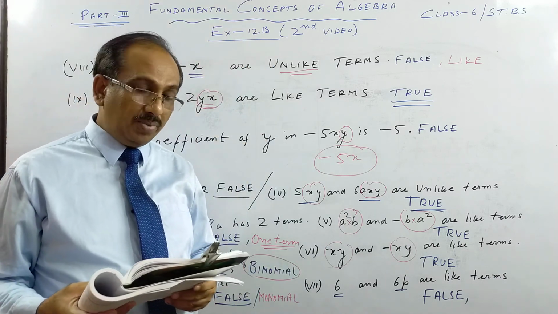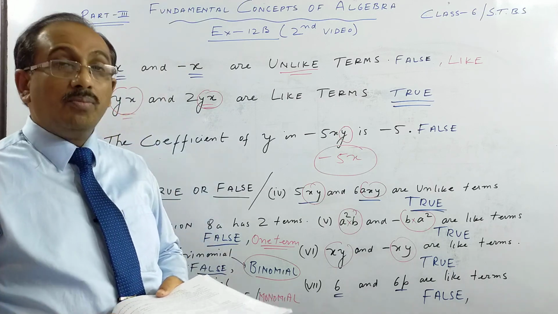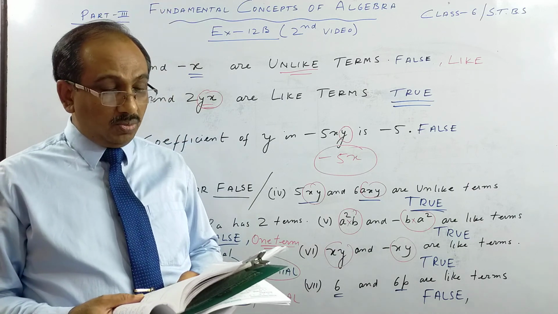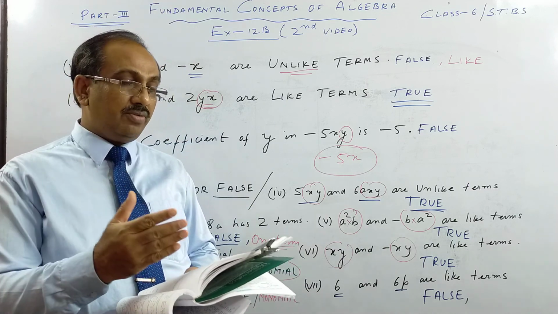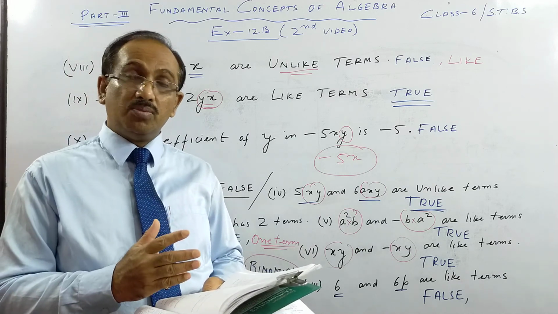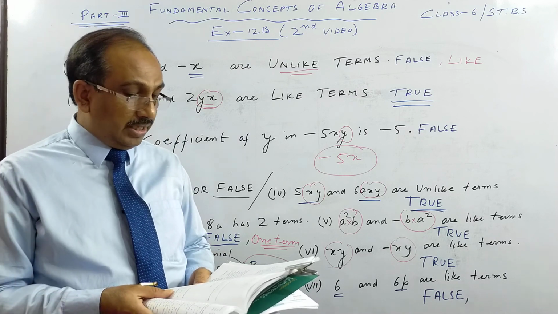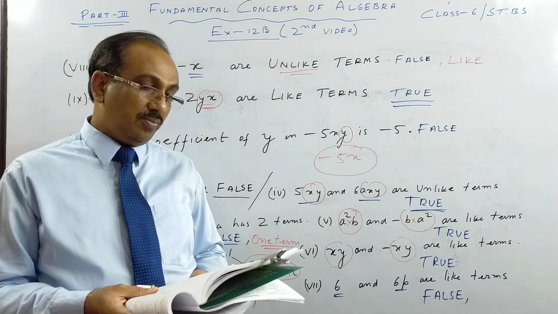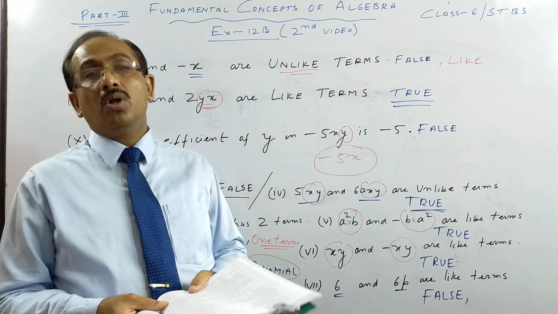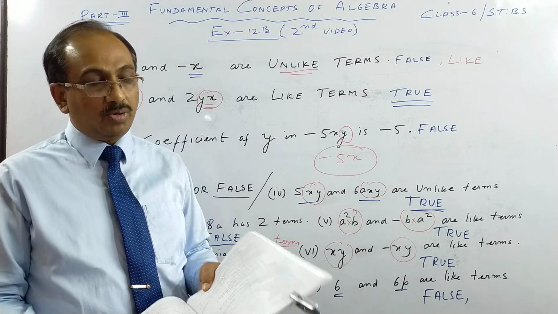So what are polynomials? I'll explain you there. Polynomials in one variable, polynomials in two or more variables, and most important of all, the full chapter is degree of a polynomial in both one variable and in two or more variables. So they are very important from examination point of view.